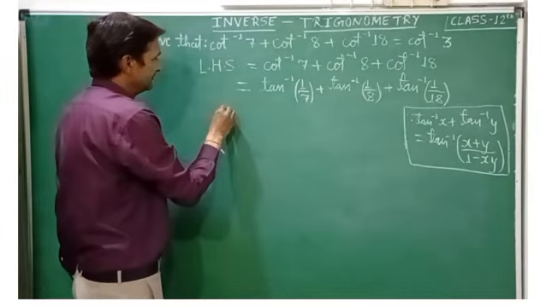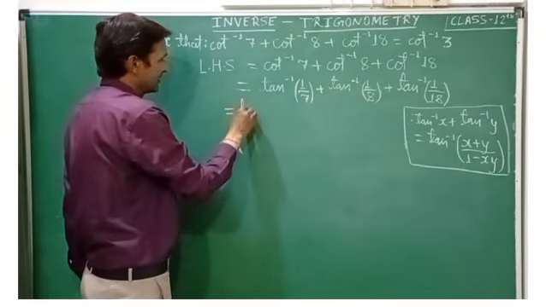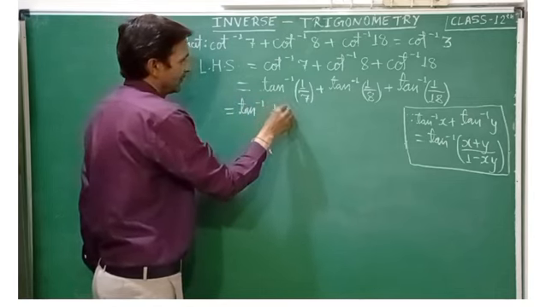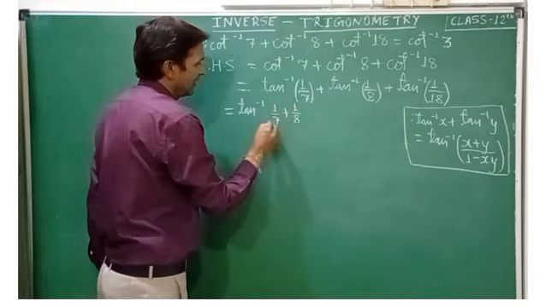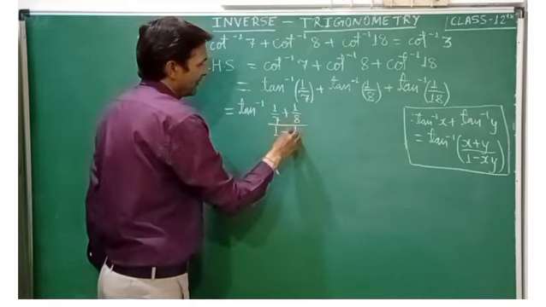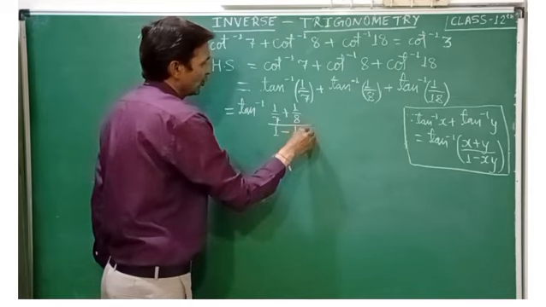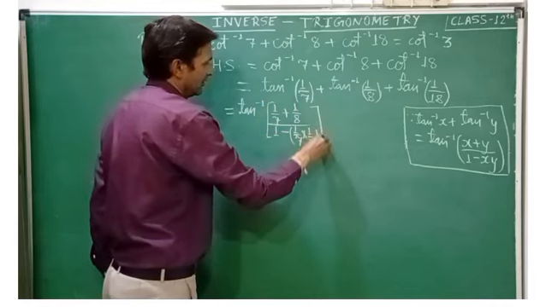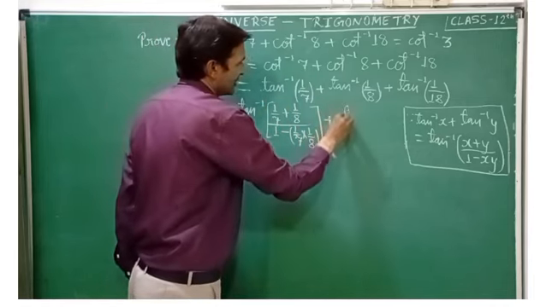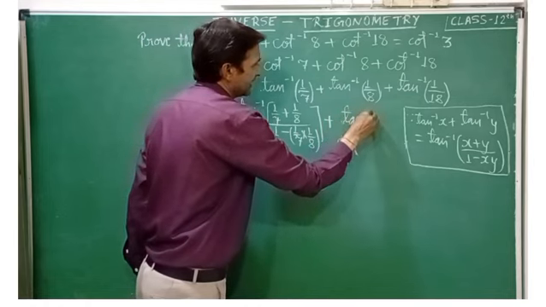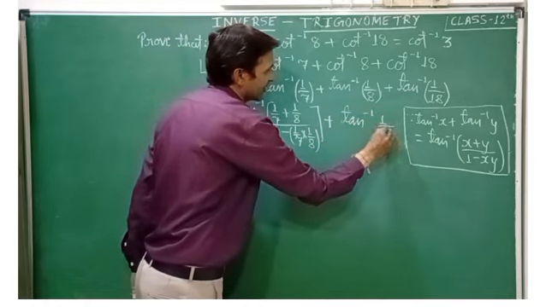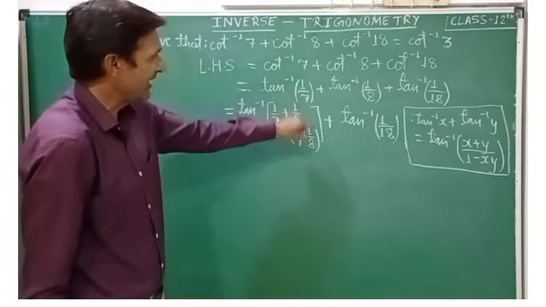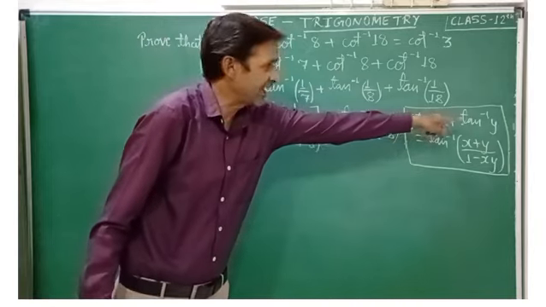So it will become tan inverse of 1 upon 7 plus 1 upon 8 upon 1 minus 1 upon 7 into 1 upon 8, plus tan inverse 1 upon 18. What I have done? See here. We are taking 1 upon 7 as x and 1 upon 8 as y.